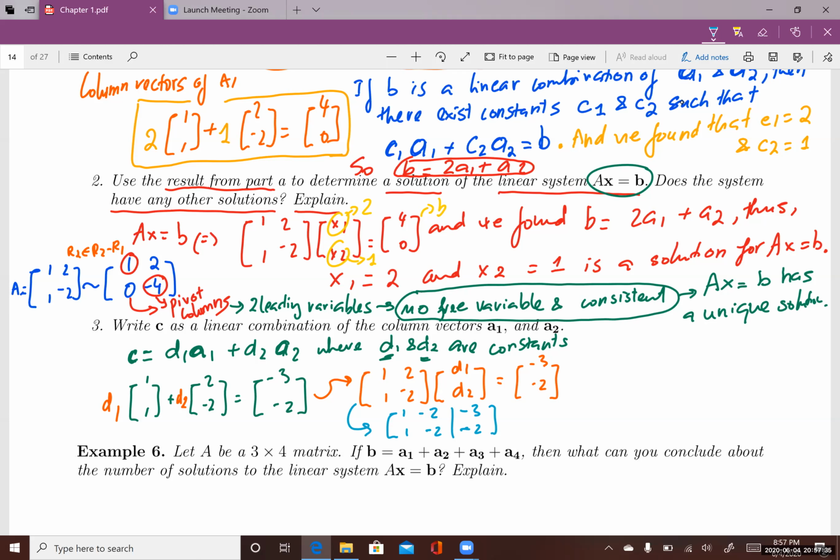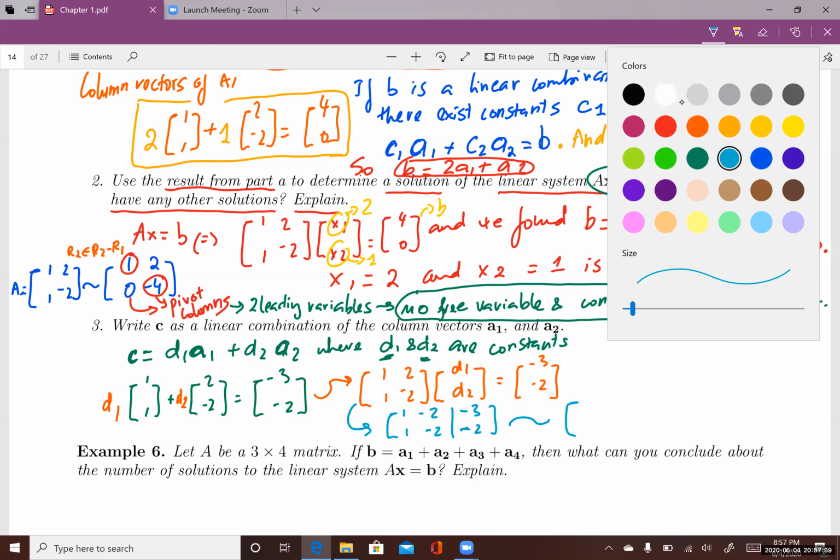How can we solve the system? We know that we need to transform this into either a triangular form or the reduced row echelon form. So let's put it in just the triangular form. And we already did some reductions up here, right? So we just take row 2 minus row 1 and replace this to row 2.